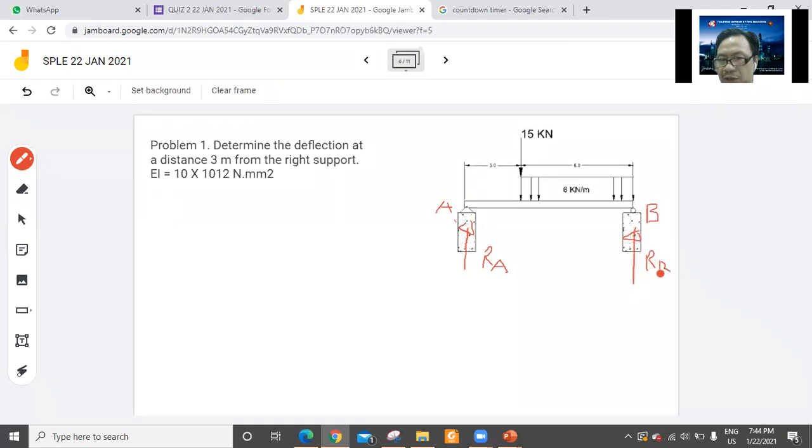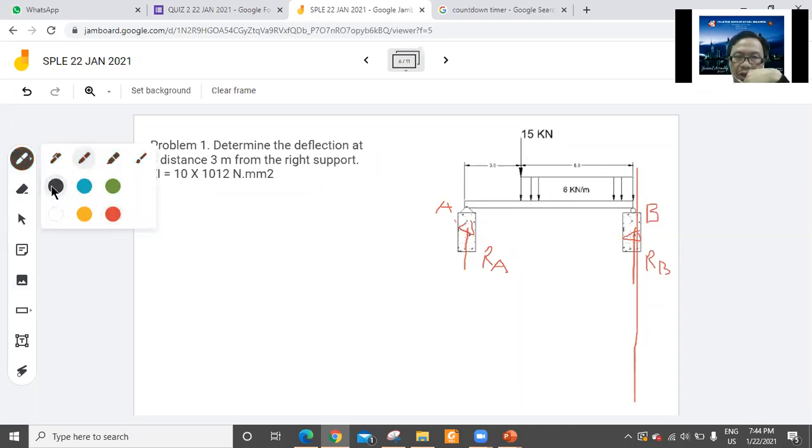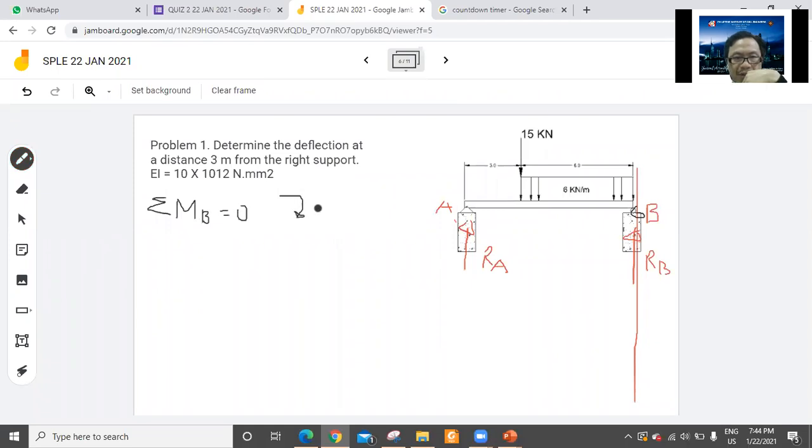So first, we are going to take our moment from B, because we need to compute for RA. So we take the summation of moment at B equal to 0. That is, clockwise moment is equal to counterclockwise moment.